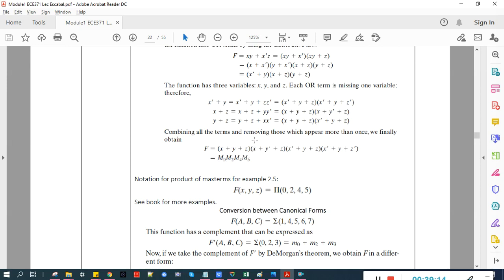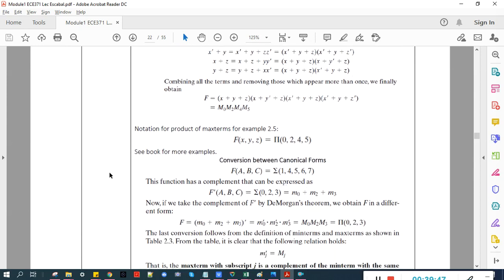Here we have 0, 1, 0, which is 2. That's why it's max term 2. Here we have 1, 0, 0, which is 4. So max term 4. Here we have 1, 0, 1, which is 5. So max term 5. So F is equal to the product of the max terms M0, M2, M4, and M5.